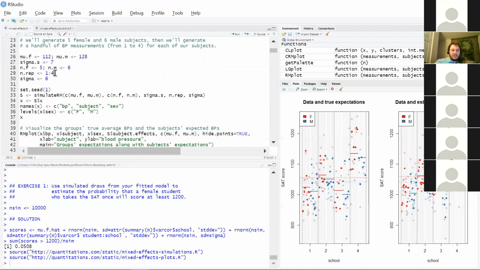Okay, n.rep. This is going to represent the number of measurements for each individual being studied. And so I wrote 1 to 4. My simulate function is going to take that and draw anywhere from 1 to 4 uniformly blood pressure measurements for each person. So another nice thing about mixed effects modeling is that you don't have to have balance.